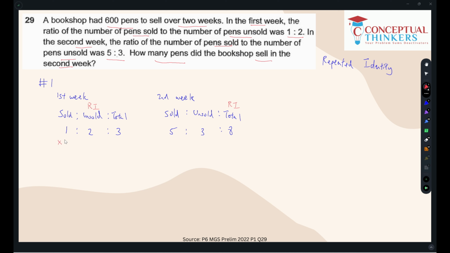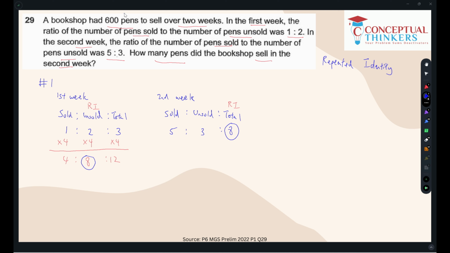To do that, I need to multiply by 4 here. That will give me 4:8:12. Once our repeated identity matches, then we can compare the two ratios together.